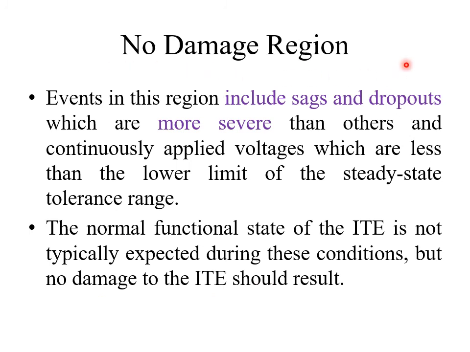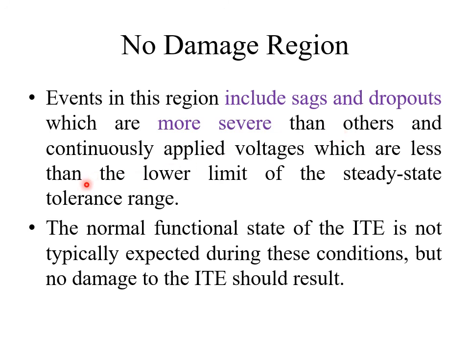So there are two regions that you can see in the ITIC curve. One is no damage region and another one is prohibited region. So the no damage region you can see below the lower curve, okay, and the prohibited region you can see above the upper curve in the envelope. Okay, so this region includes sag and dropout. Dropout means the interruption, which is more severe than others, that we have discussed.